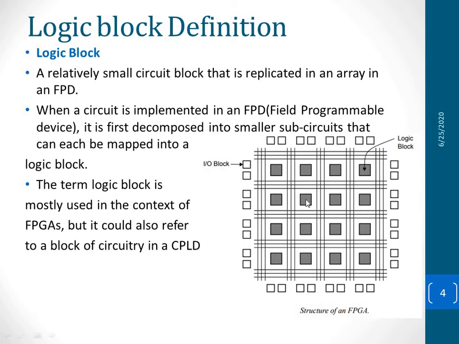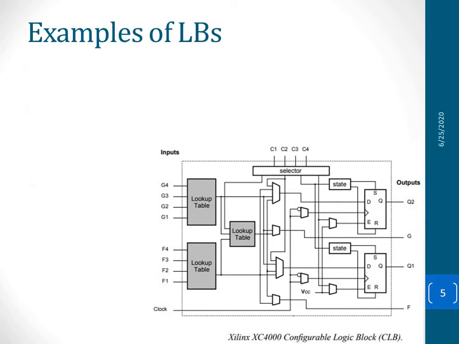So this is the general structure of an FPGA, where you have the logic block, IO blocks, and these long lines, which show you interconnection. The term logic block is mostly used in the context of FPGA, but it could also refer to a block of circuitry in a CPLD, that is complex programmable logic device.